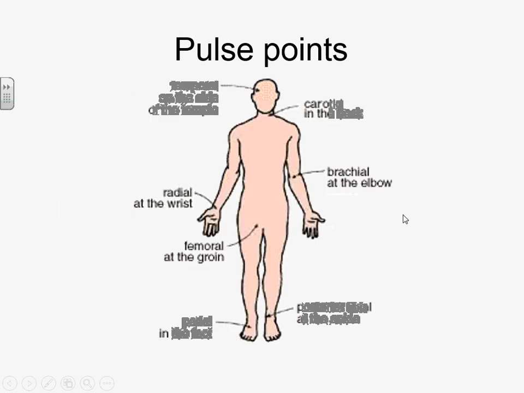Now, if we look at how we can monitor this, and this is leading into the graphs, that's why I've sidetracked onto it. Pulse points are points where arteries, not veins, come near the surface of the body, and they are against hard materials like bone or tendons. You cannot feel a pulse in a vein.